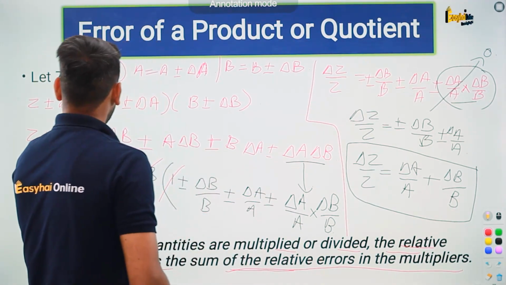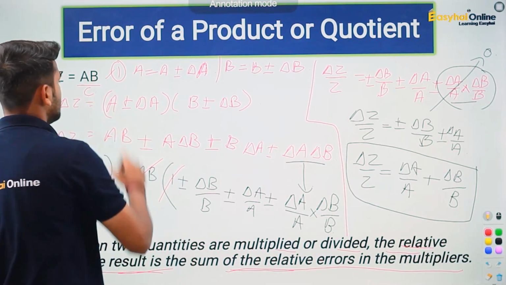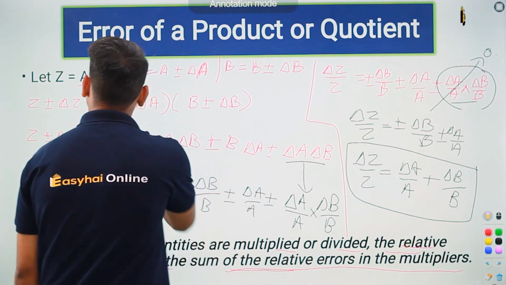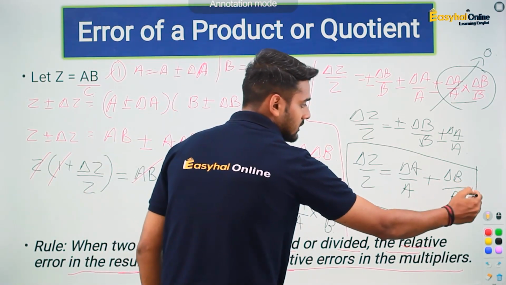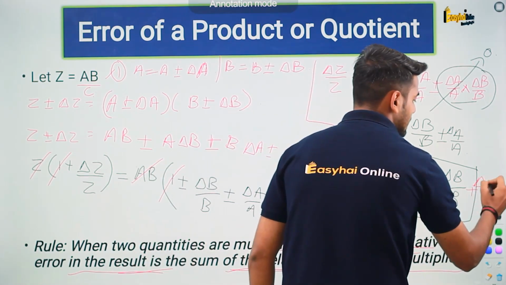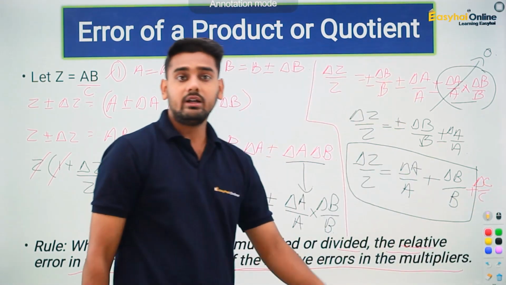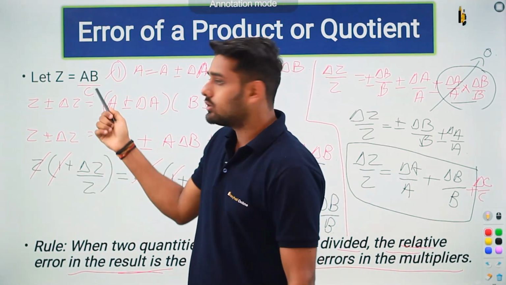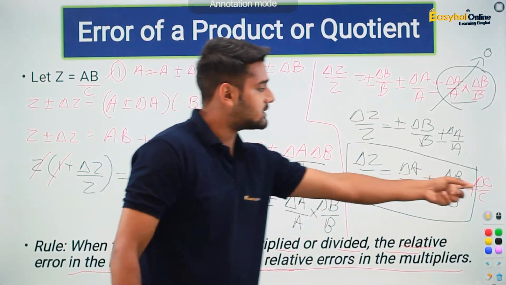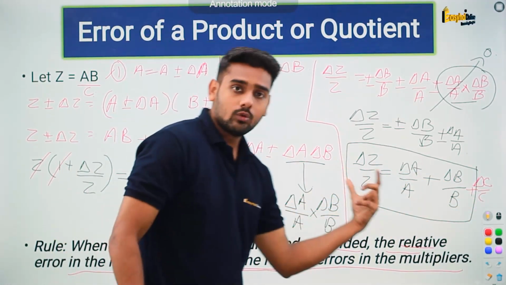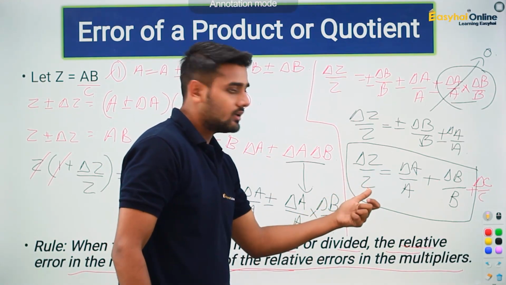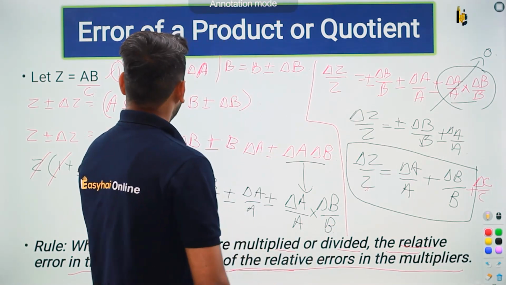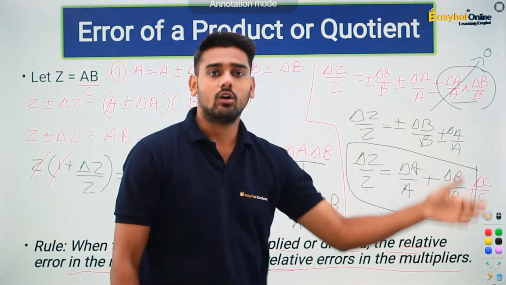So if this was AB divided by C, even in that case, you're going to get plus delta C upon C. That's it. It doesn't matter whether these are getting multiplied or divided. Whenever there is a new term, just add its relative error, and the overall summation will give you the relative error of the new physical quantity. So this is the combination of errors of a product or quotient.